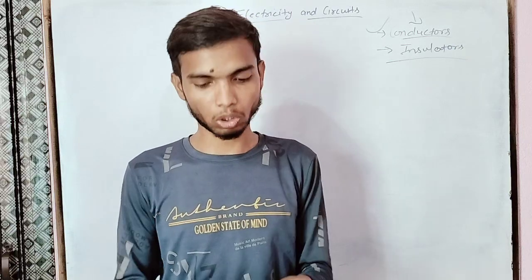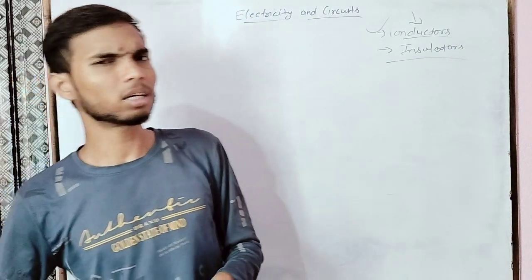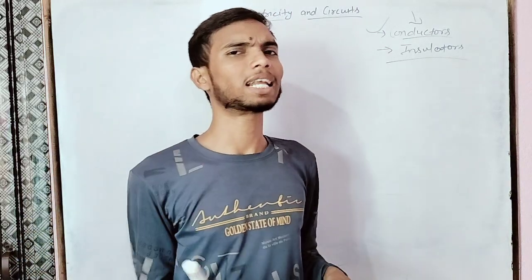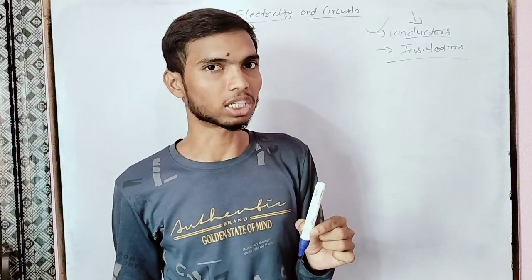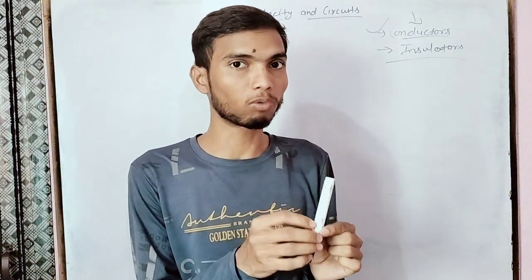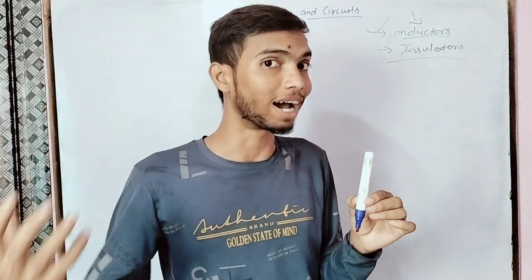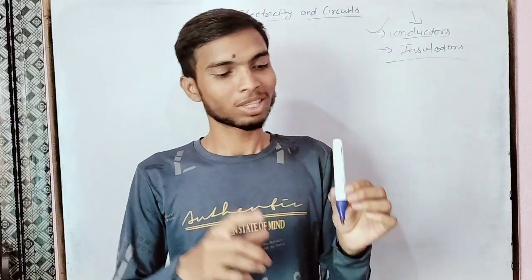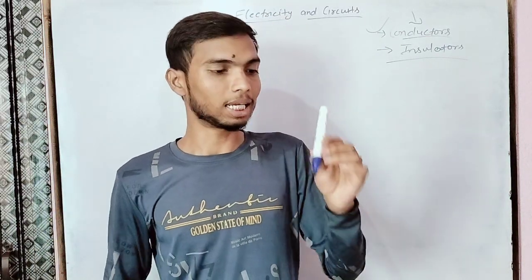Now we can take the example of a marker. Easily we can say this marker will not conduct any kind of electricity because it is made of plastic. This is not made of metal, this is not made of iron. That's why this will not conduct any kind of electricity.